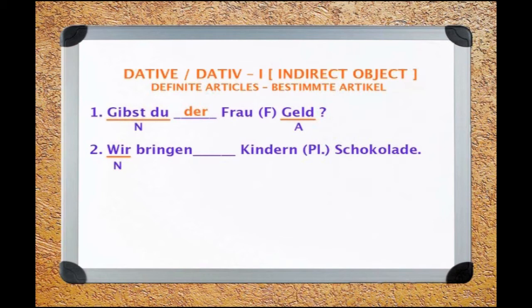For that we have the answer in nominative, wir. Who brings what? For that we have the answer Schokolade, which means chocolate, and the what becomes accusative. And now we have to see for whom the chocolate is bought, and that becomes dative.